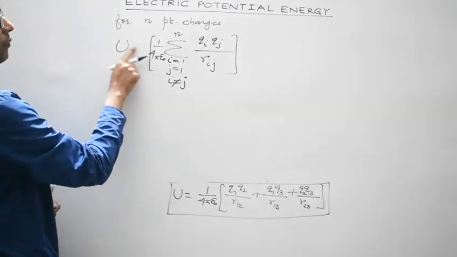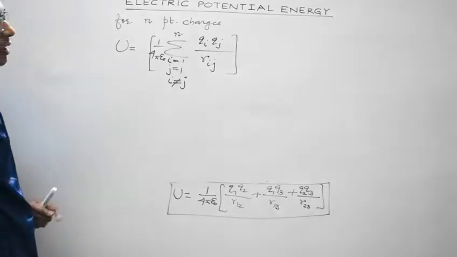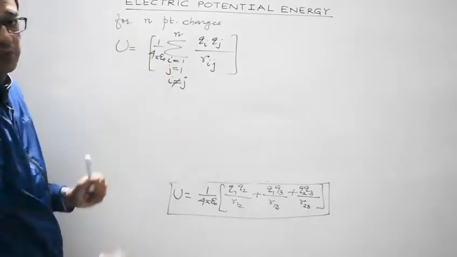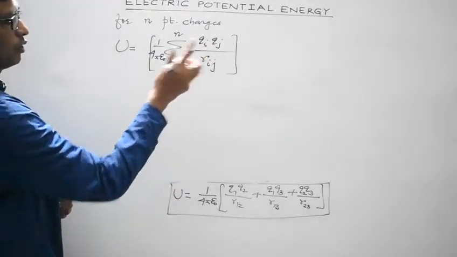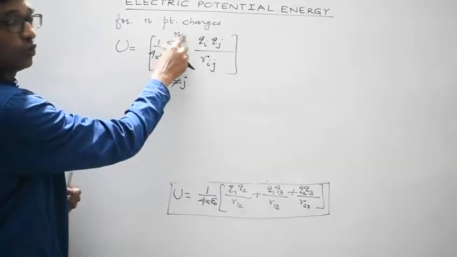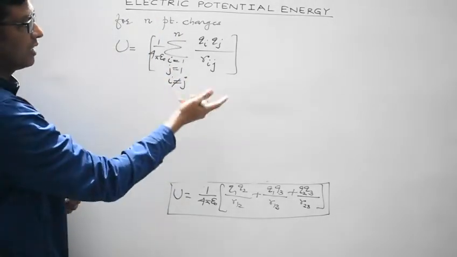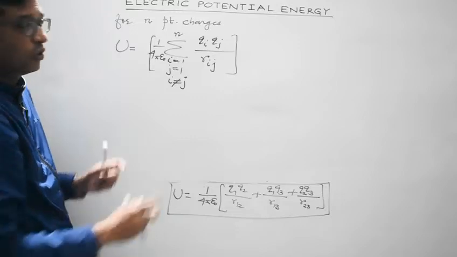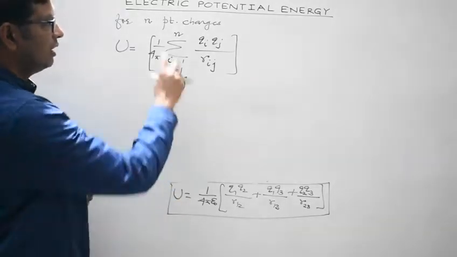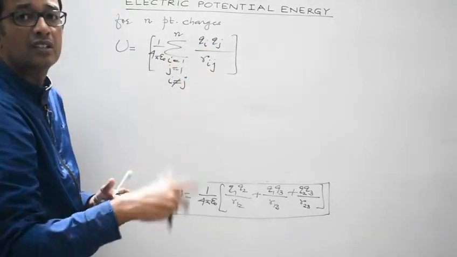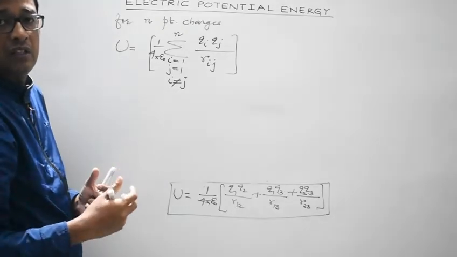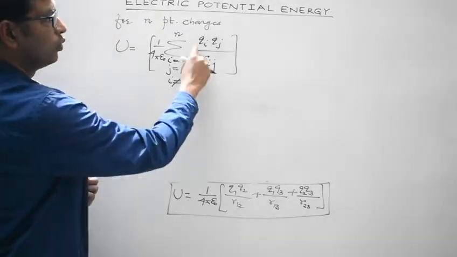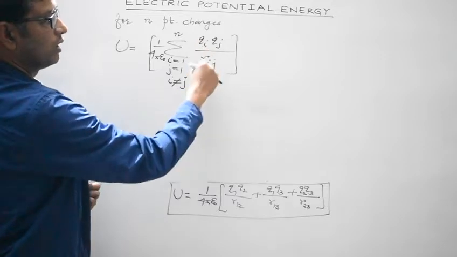Now look, if we expand by using this particular expression for 2 point static charges, the value of n would be 2. For 3 point static charges, the value of n would be 3. So if we expand, you will notice every term will get repeated. Every term is written twice. Q1Q2 over R12, Q2Q1 over R21.